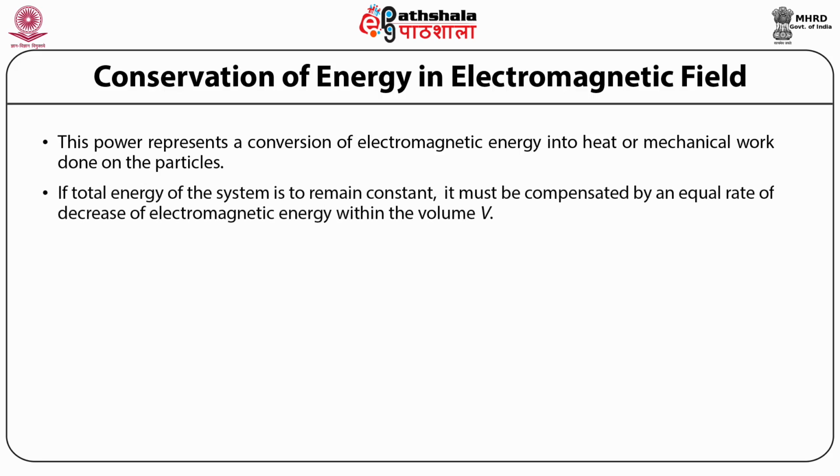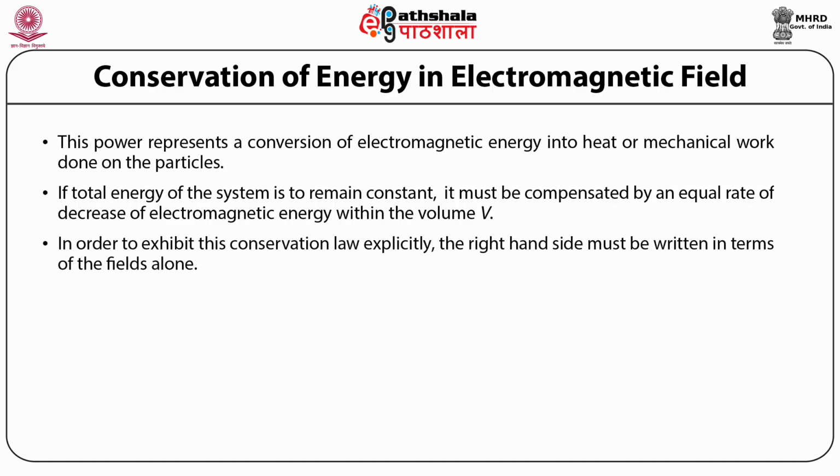So if the total energy of the system is to remain constant, this conversion must be compensated by an equal rate of decrease of the electromagnetic energy within the volume V.